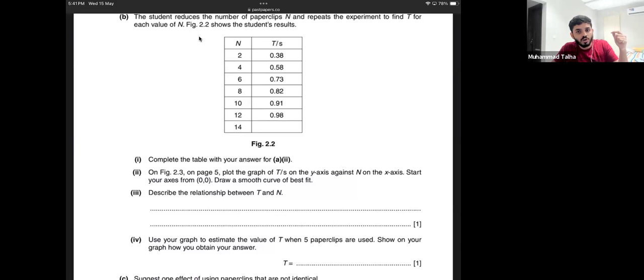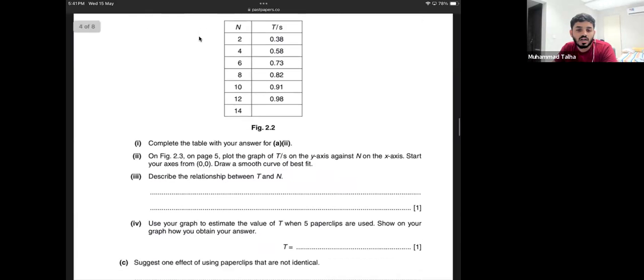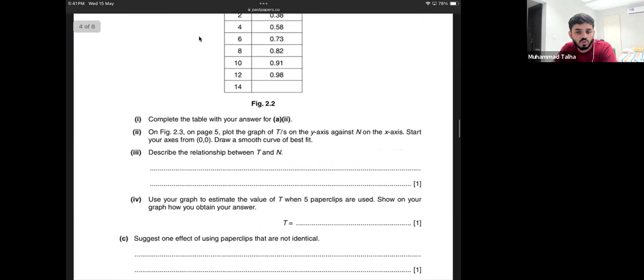Initially 0.38 to 0.58, this is a jump of 0.2, but then those jumps are getting smaller. So to describe the relationship between t and n, I would say that t increases as n increases, but at a decreasing rate, right? Then estimation, you just read off from the graph.